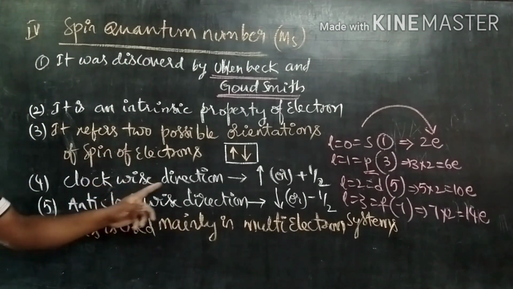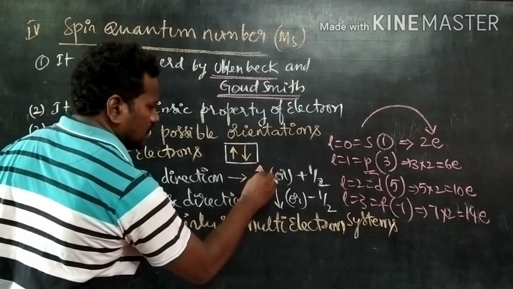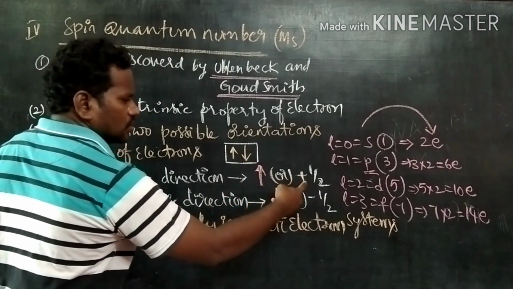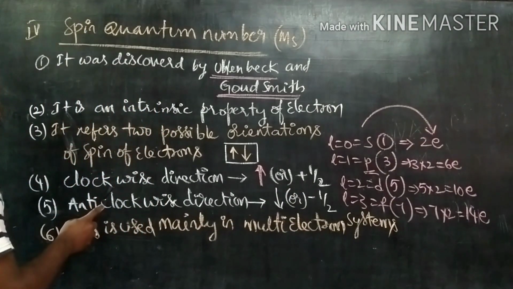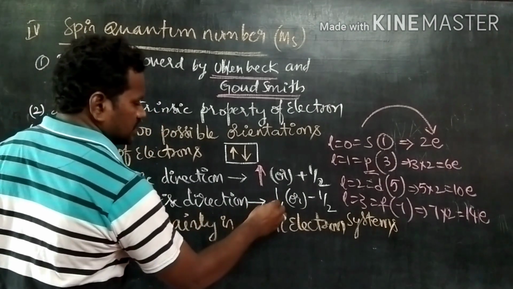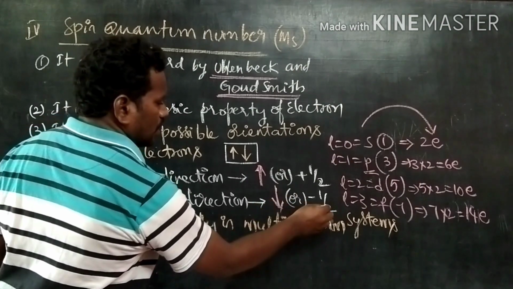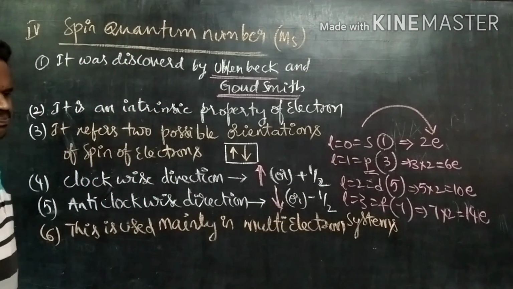The clockwise direction of an electron is represented by an upward arrow, or plus half. The anti-clockwise direction is represented by a downward arrow, or minus half.